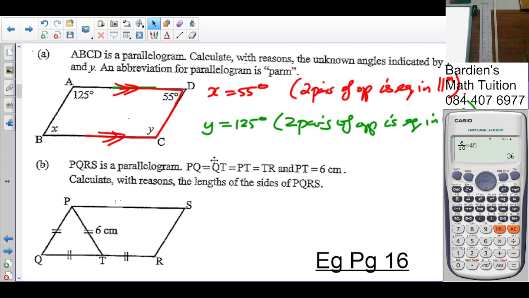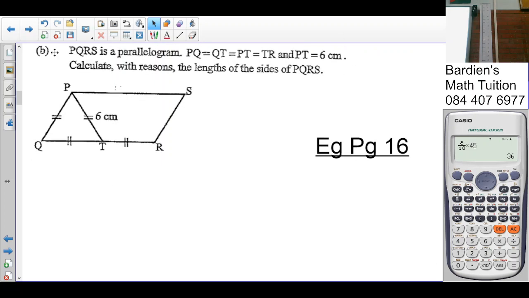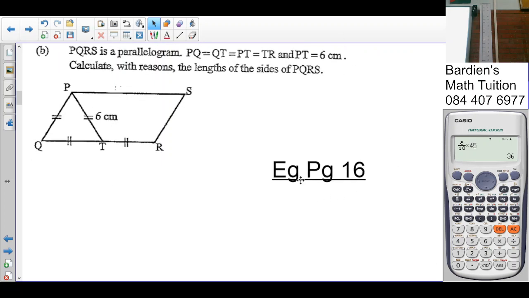Now, of course, if you leave that out, you're going to lose the mark too. You have to say which lines are parallel. There has to be parallel lines for co-interior angles to be supplementary. People, let's look at B. In B, we are told that PQRS is a parallelogram.